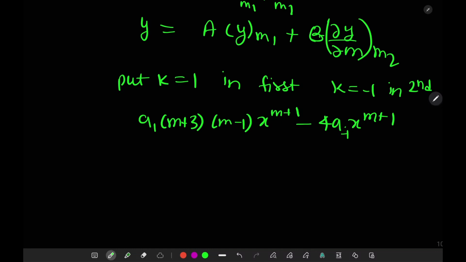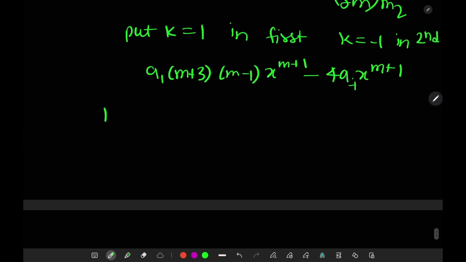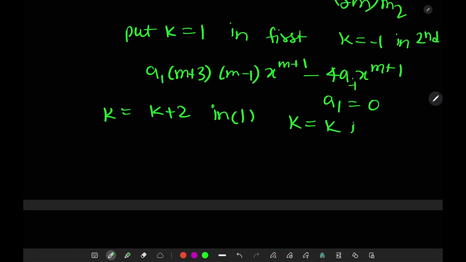So now we put here k equal to k plus 2. This type of condition occurs when a1 is equal to 0. So put k equal to k plus 2 in the first summation and k equal to k in the second.